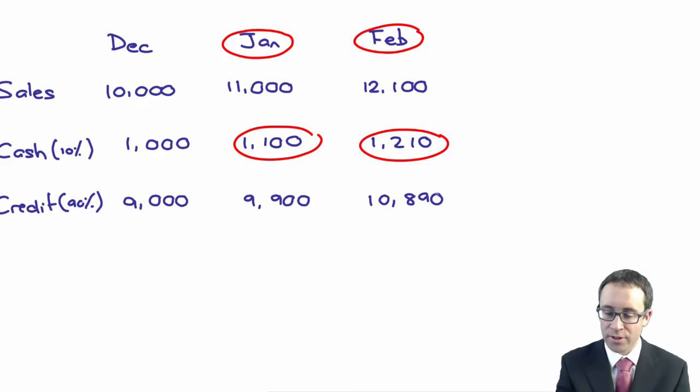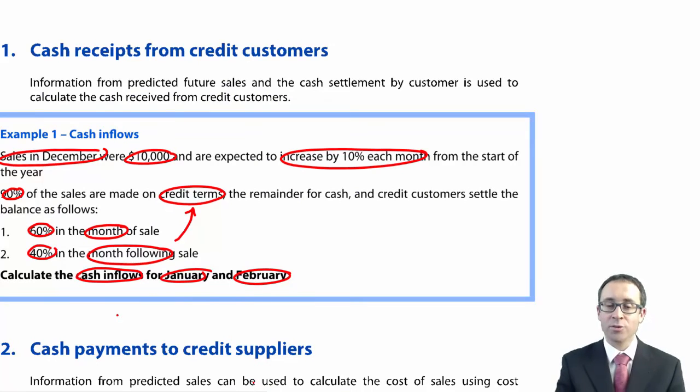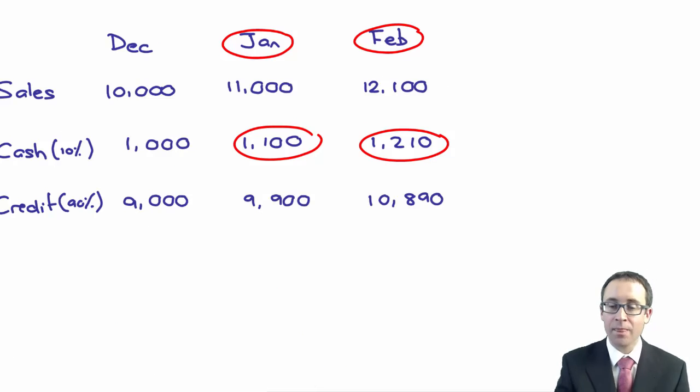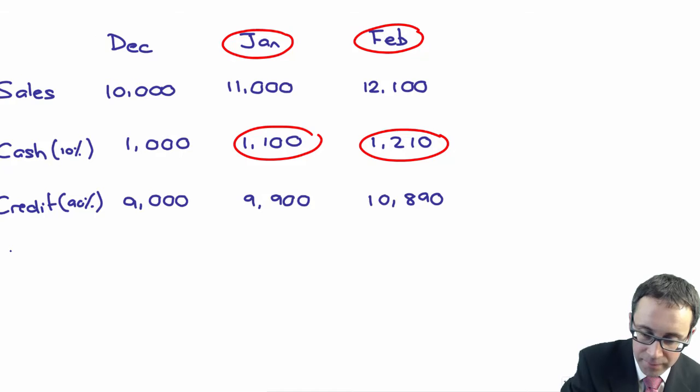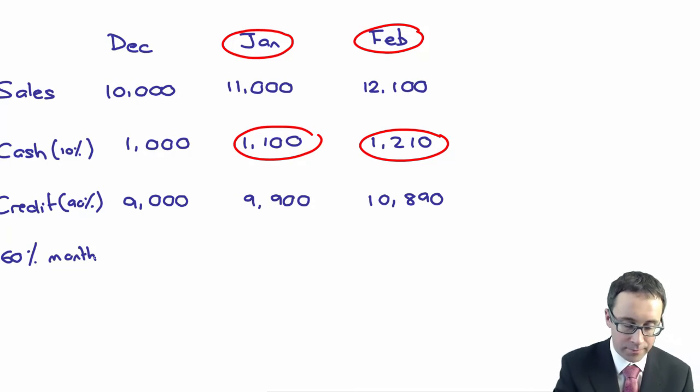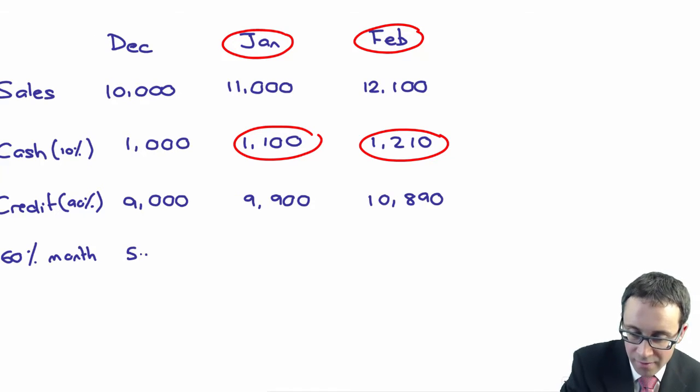That's not necessarily when we receive the cash. The cash, we get 60% in the month and 40% the following month. Okay, so what we've got there is we get 60% in the month. So we get, is it 5,400?